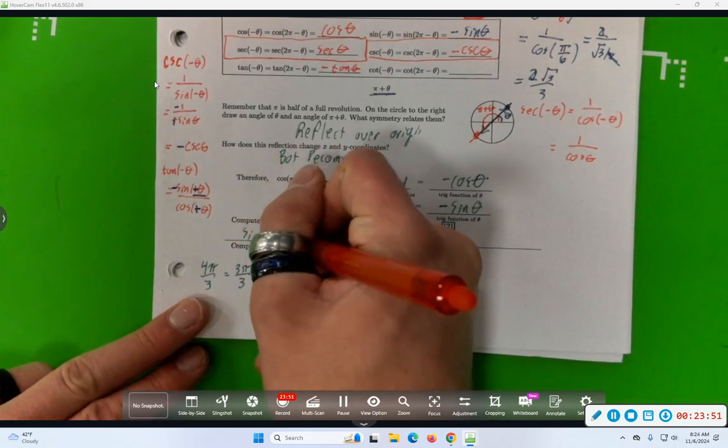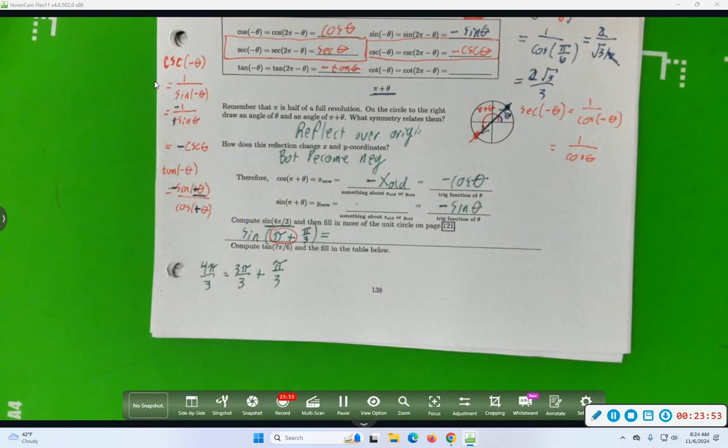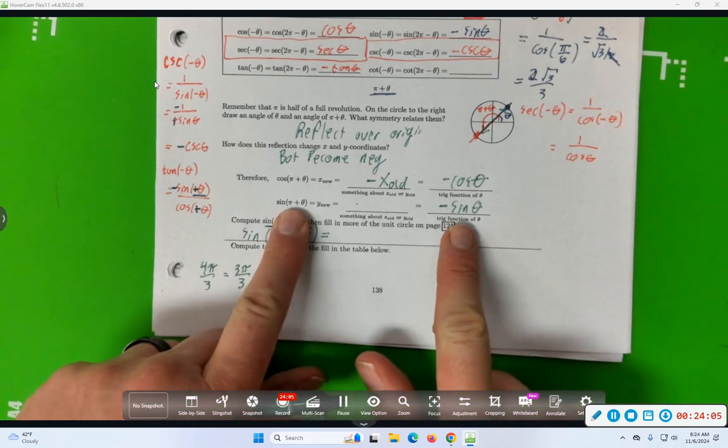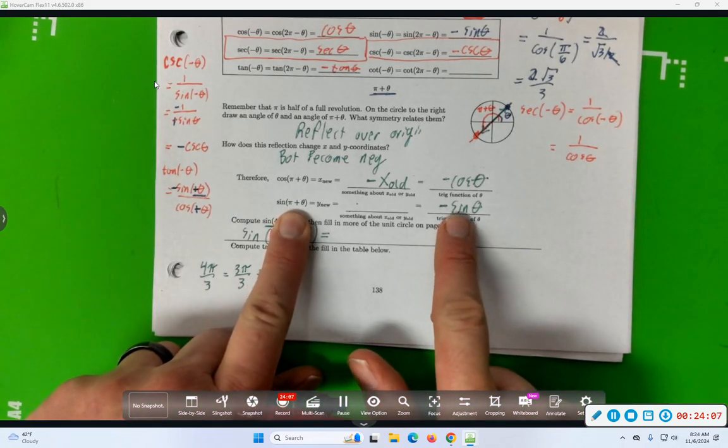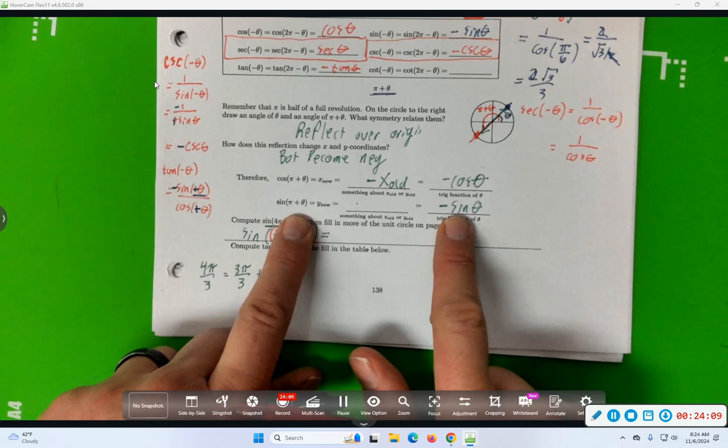By the formula we just established, what happens to sine when you stick a pi plus in the parentheses? I can drop the pi plus at the cost of sticking a negative sign in there.